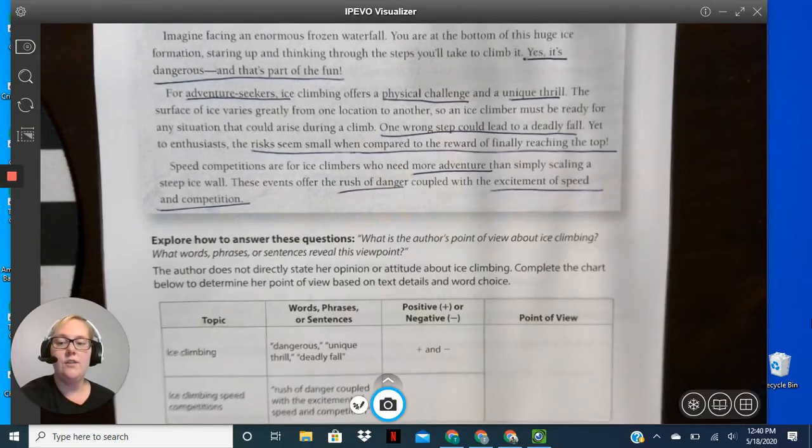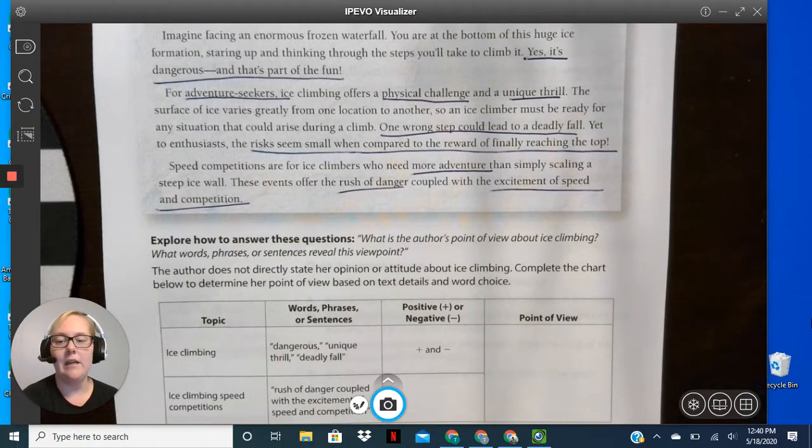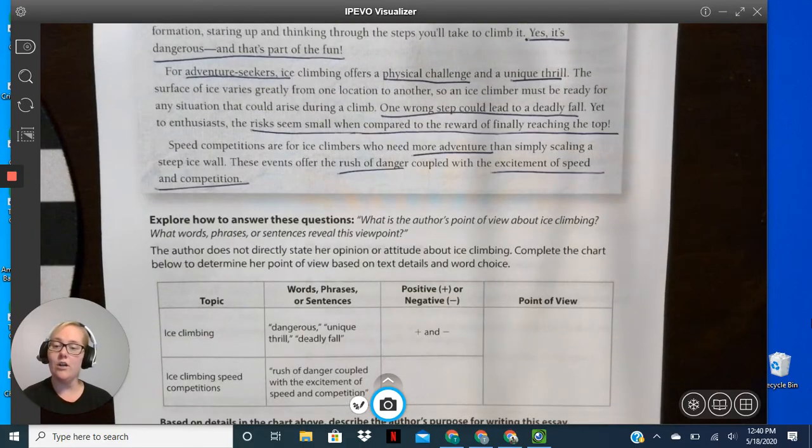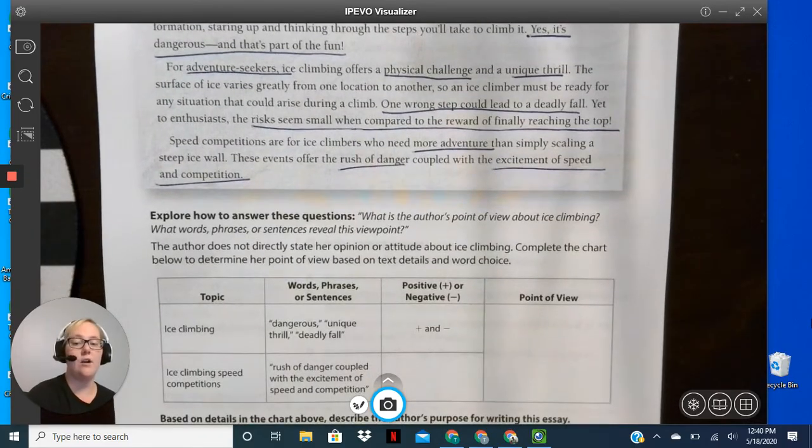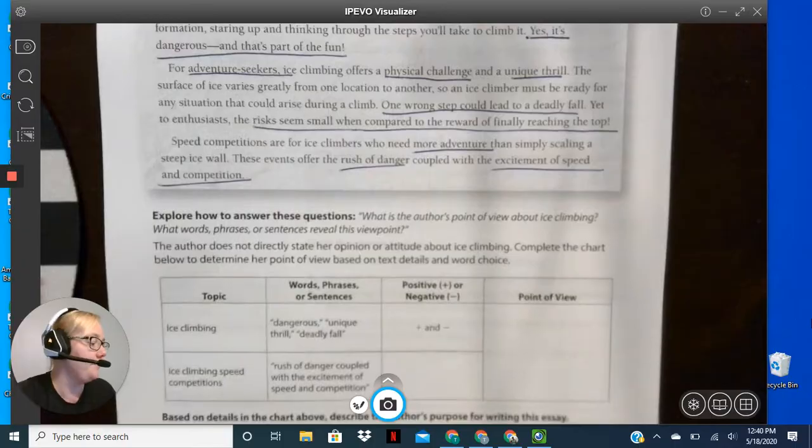Okay, so what is this author's view about ice climbing? What words, phrases, or sentences reveal this viewpoint? So I underlined a lot of things that will help me. The author didn't directly state her opinion or attitude, but I can use a lot of this information that I underlined and fill out this graphic organizer and this chart here to help me figure out what her point of view is. Okay.